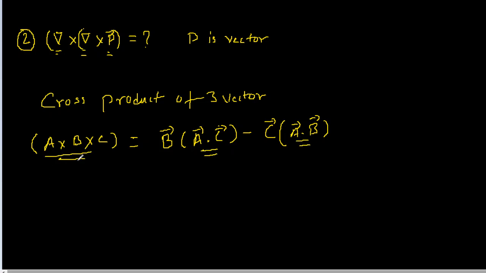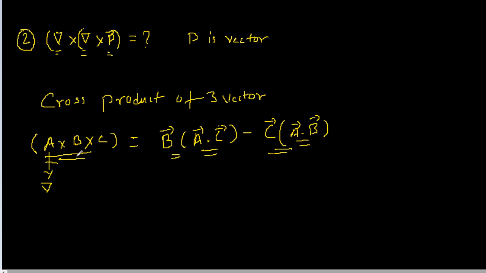From the cross product of three vectors we get two dot products. This is the standard equation of cross product of three vectors. So you can remember this equation as BAC cap CAB, back cap.